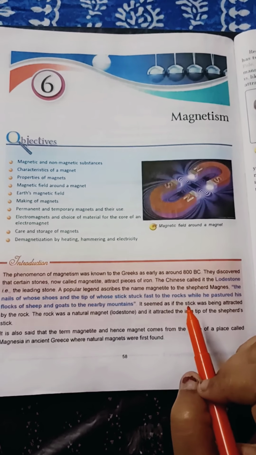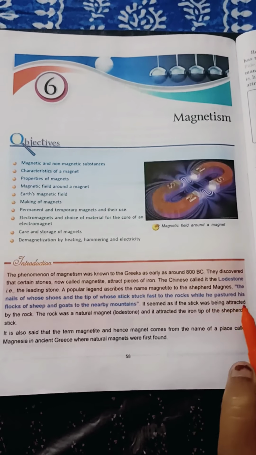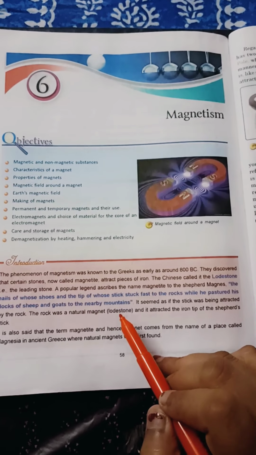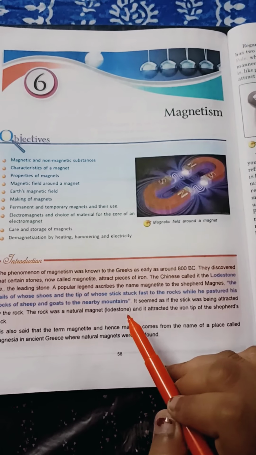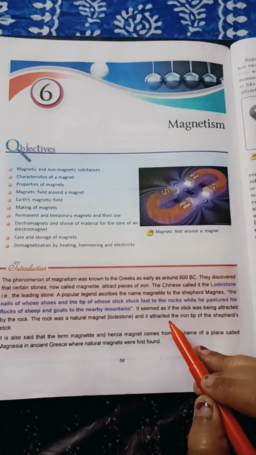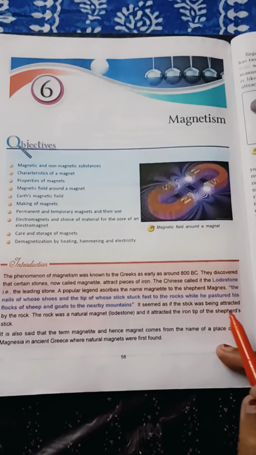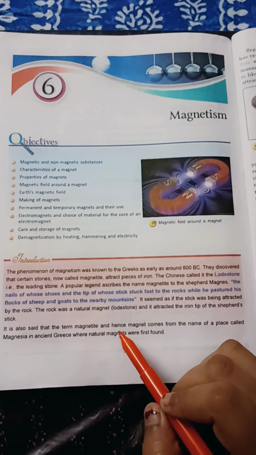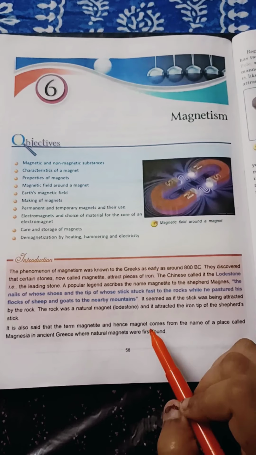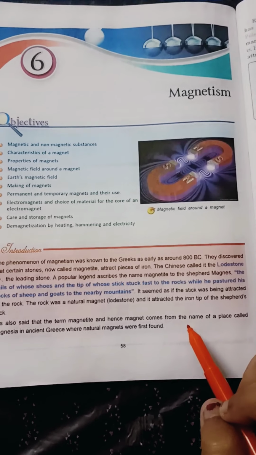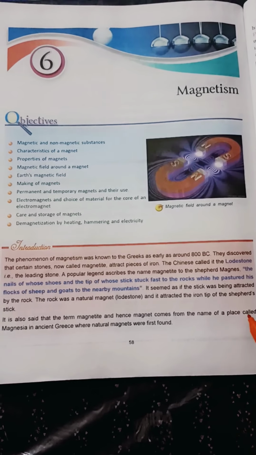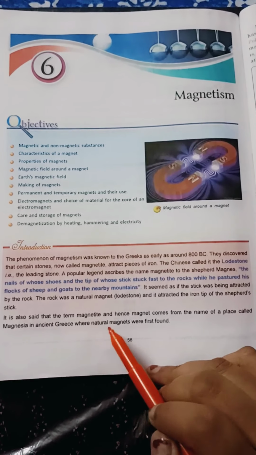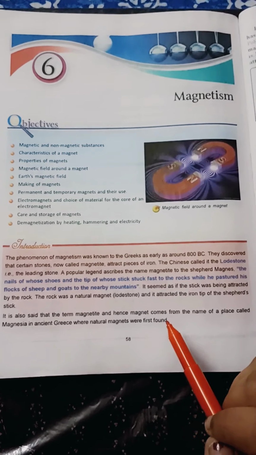It seems as if the stick was being attracted by the rocks. The rock was a natural magnet, also called lodestone, and it attracted the iron tip of the shepherd's stick. It is also said that the term magnetite, and hence magnet, comes from the name of a place called Magnesia in ancient Greece where natural magnets were first found.